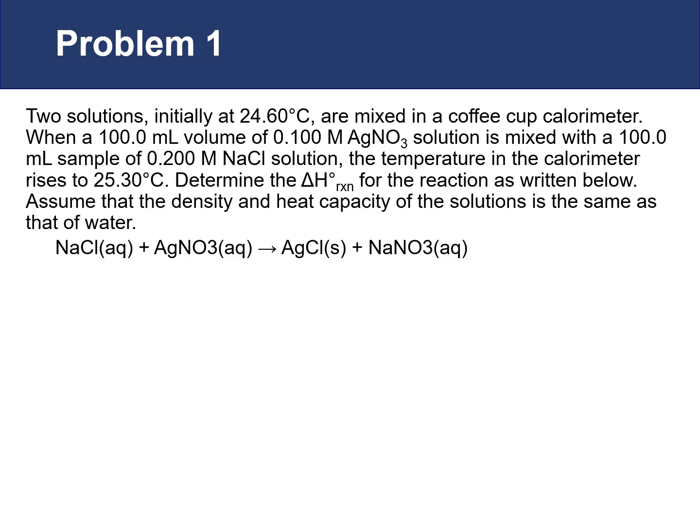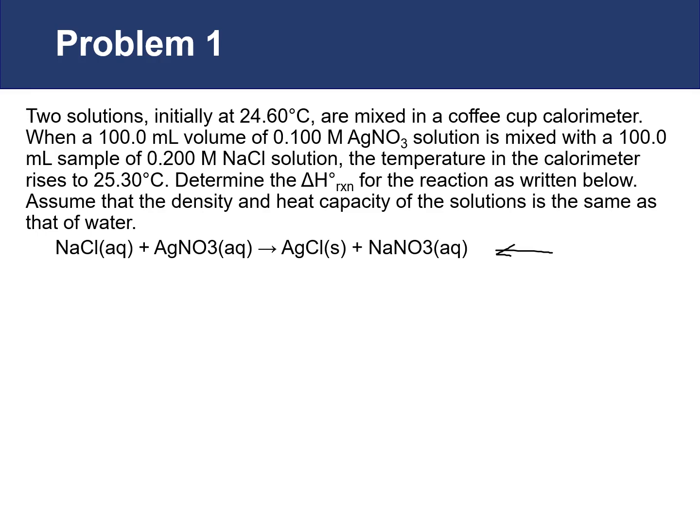When a 100.0 milliliter volume of a 0.100 molar silver nitrate solution is mixed with a 100.0 milliliter sample of 0.2 molar sodium chloride solution, the temperature in the calorimeter rises to 25.30 degrees Celsius. We are tasked with determining the change in enthalpy, delta H reaction, for the reaction as it is written below, right here.